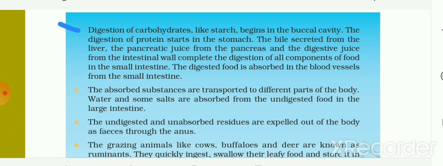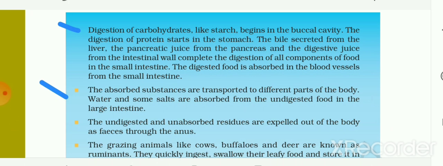The digestion of protein starts in the stomach. The bile secreted from the liver, the pancreatic juices from the pancreas and the digestive juices from the intestinal wall complete the digestion of all components of food in the small intestine. Then the digested food is absorbed into the blood vessels from the small intestine.